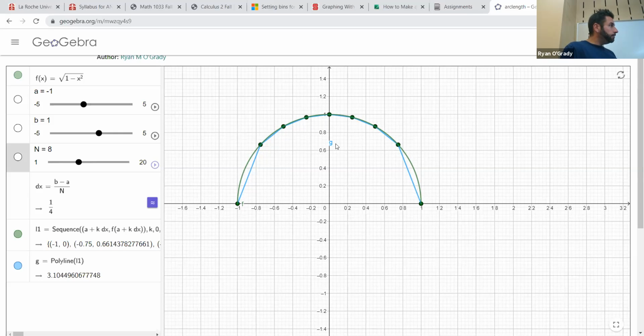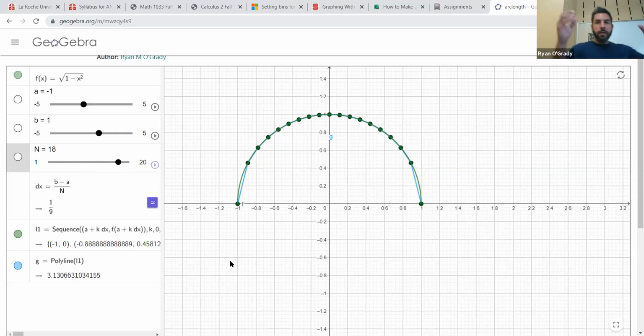And as I increase the number of lines I use, let's say I go up to 17 or 18, you'll notice that my error is slowly going away. And what we see is as n increases, as the number of my lines increases, my polygon starts to represent that semicircle.